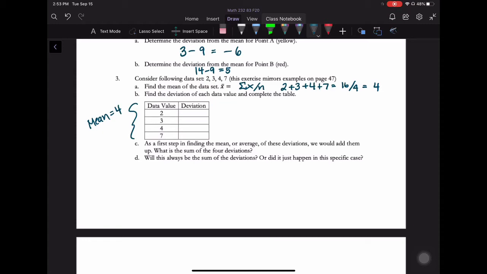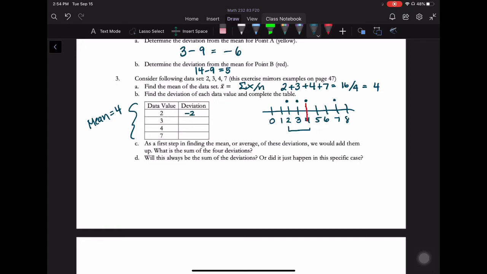Now I want to find the deviation of each value. If I had these numbers on a number line, I'm going to mark my mean here. And then I want to know how far away each value is. Well, for 2, 2 minus 4 is -2.